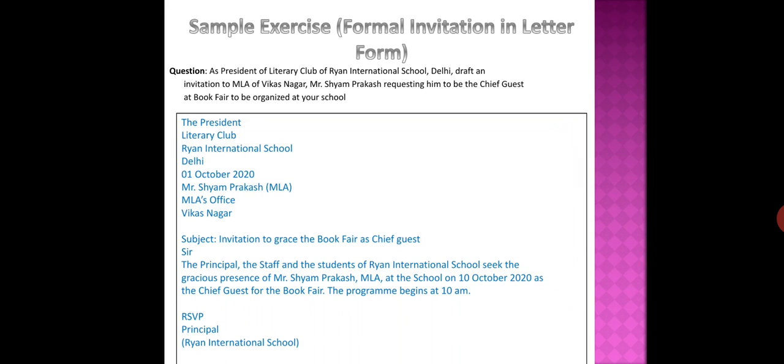The date of the function has been mentioned, 10 October 2020. The timing for the function is also mentioned. In case the receiver wants to contact back to respond to this invitation, then we have mentioned that the person can contact the principal.